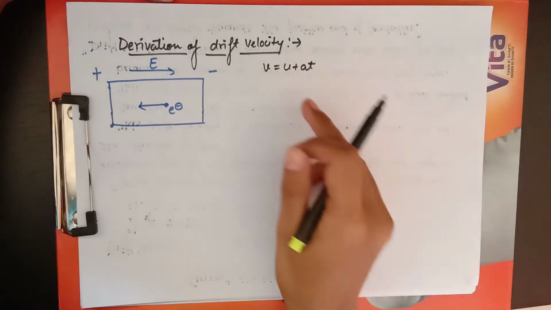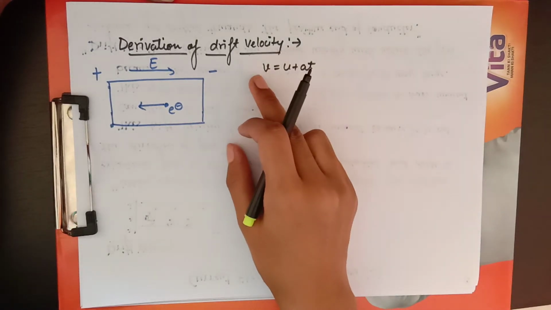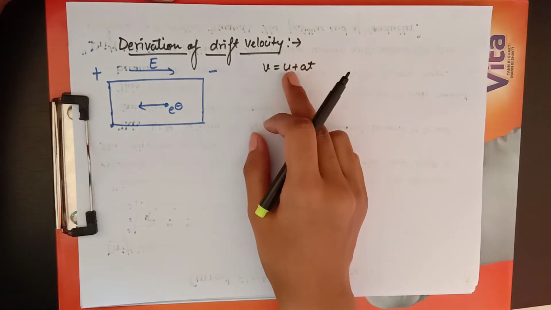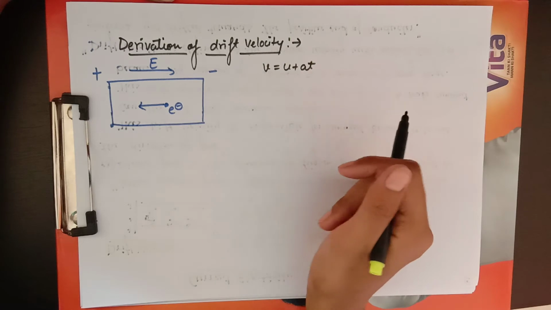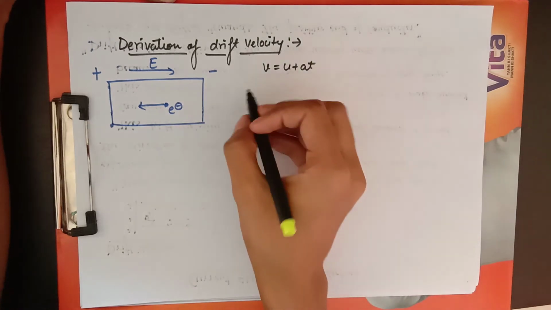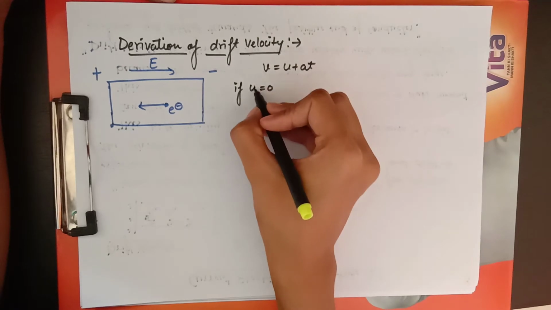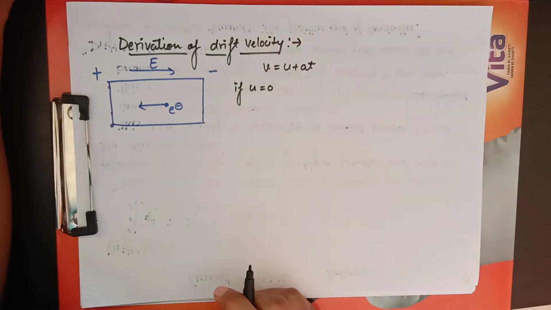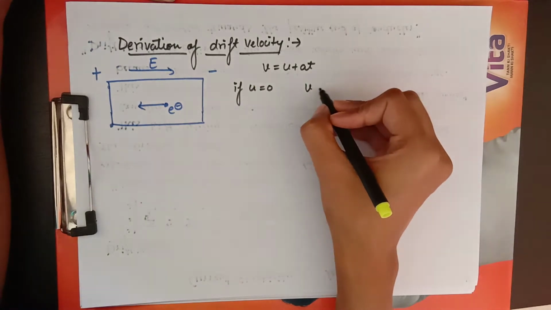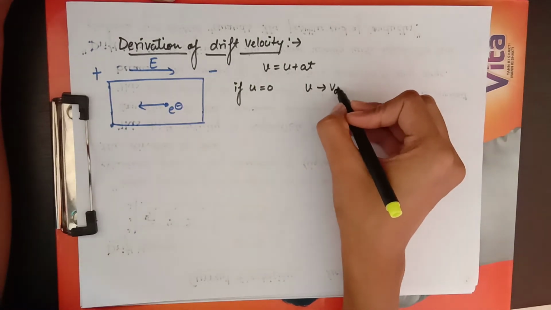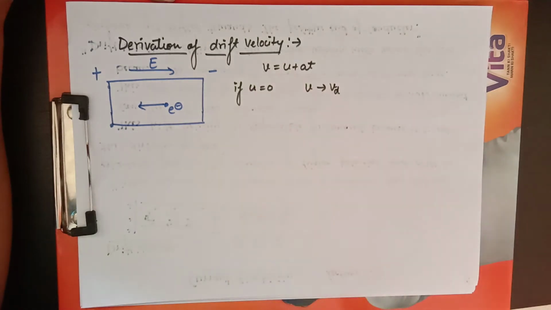This equation of motion we already know, v equals u plus at, where v is the final velocity, u is initial velocity, a is acceleration, and t is time. So if u equals 0 initially, and here I am calculating the drift velocity, in place of v I will write v subscript d.